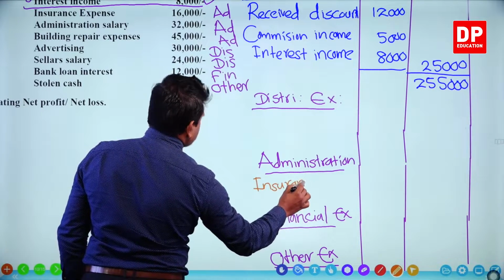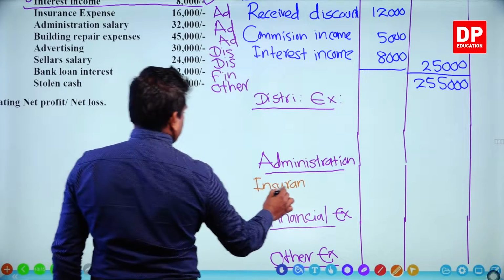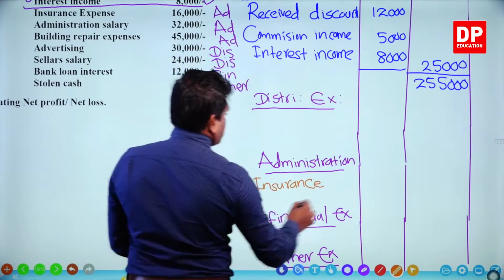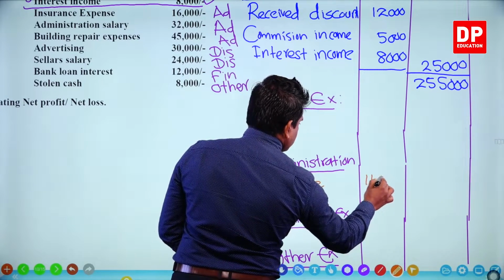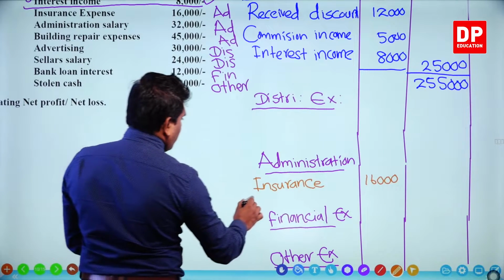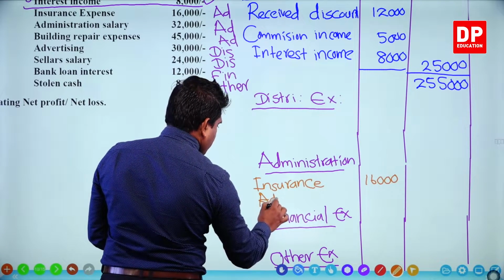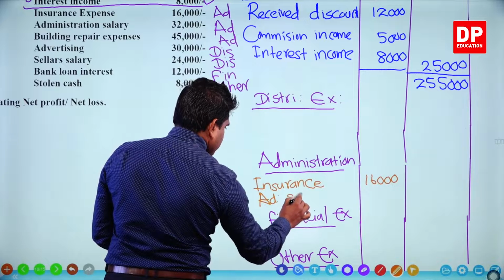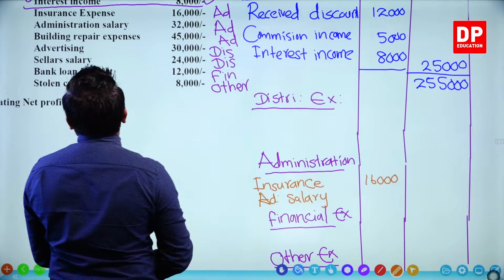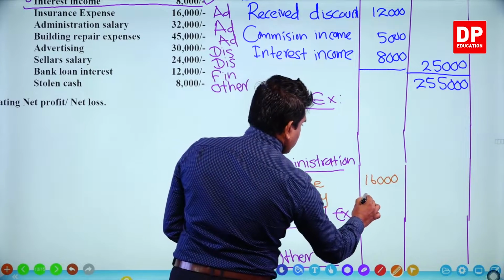How much? 16,000. Okay. Next one, administration salary also comes under administration. How much? 32,000. Okay.